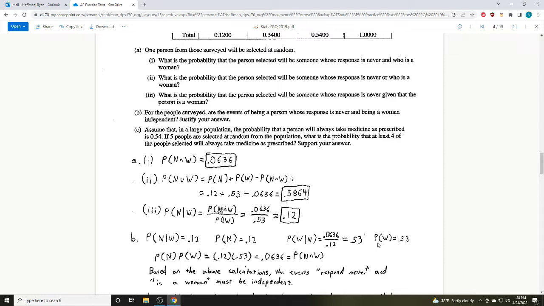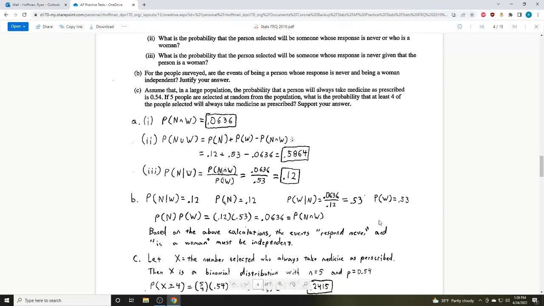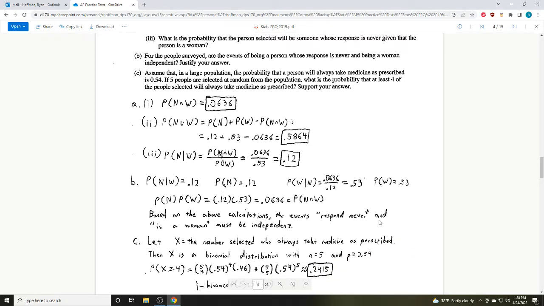And we're keeping track of how many times they will always take the medicine as prescribed. So we have a set number of trials. We're keeping track of how many times the thing happens. So that's a binomial distribution. N is 5, P is 0.54. Make sure you define those, N and P, when you say that it's a binomial distribution. Number of trials, probability of the thing happening.